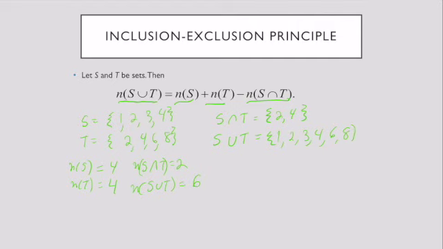So we can see if we look at this equation up here, I have 6. I'm going to rewrite this in a different color. I have 6 equals 4 plus 4 minus 2. And the reason I'm subtracting the intersection, right, is because if I didn't subtract the intersection, I would have counted 2 and 4 each twice.